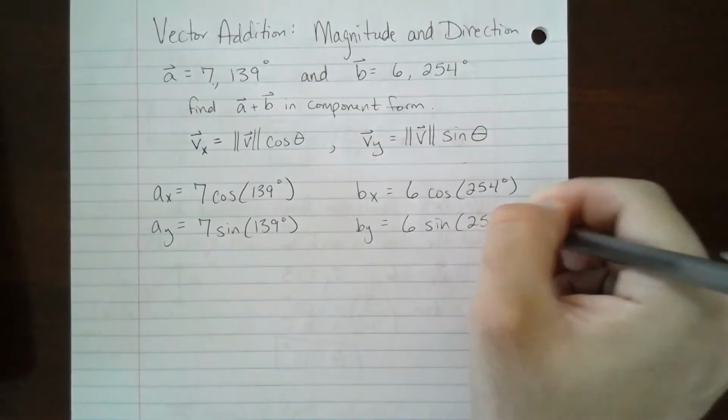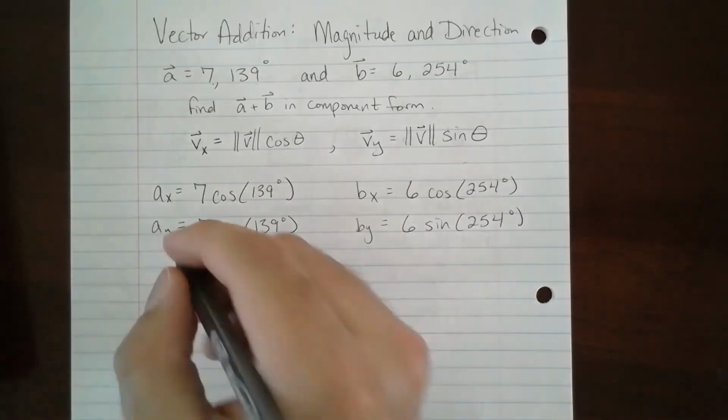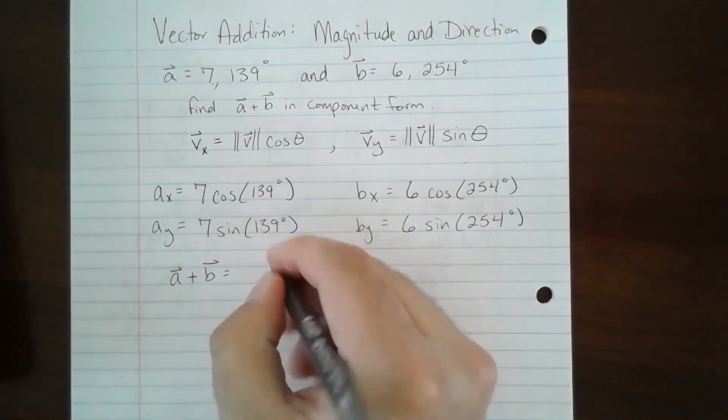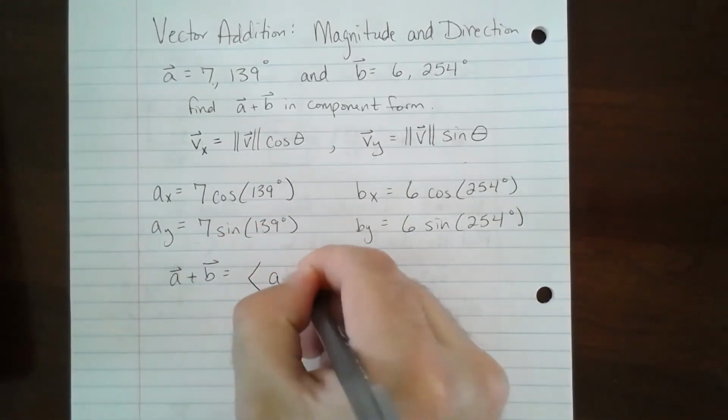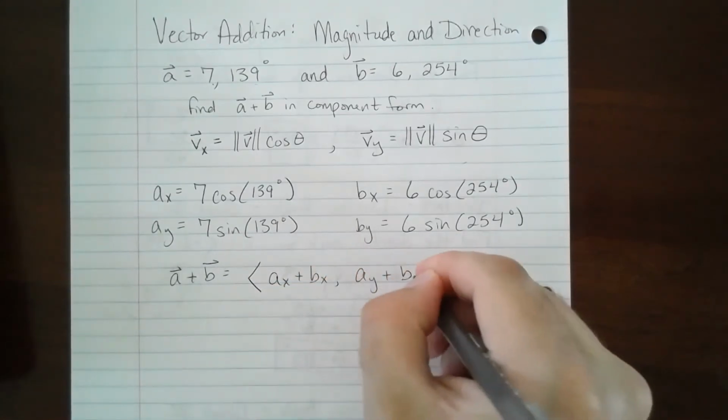So again, this is actually one of those really repetitive situations. And actually, I was originally going to just round off values here and drop them in and then add them up rounded. But we can, if we have the right calculators, do this pretty cleanly and get as accurate a rounded answer as we can. What I want to do is remember that A plus B, which they're asking for, is AX plus BX, and then AY plus BY.